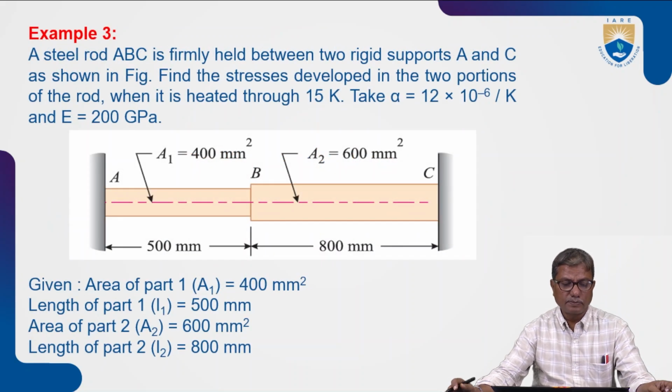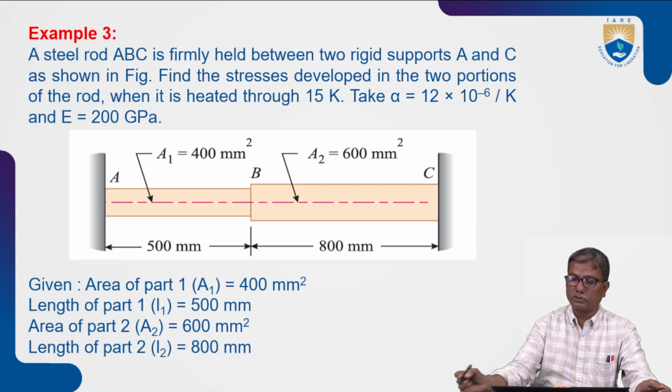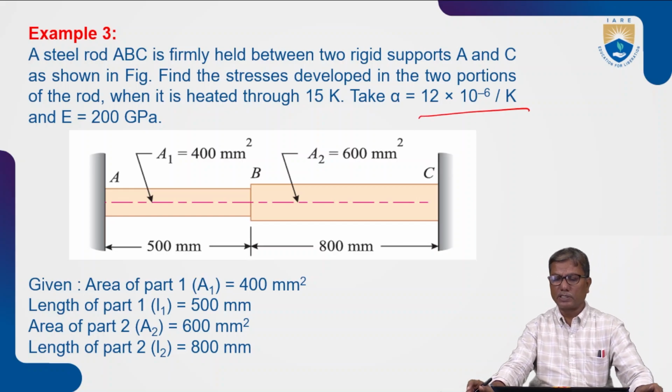Consider this example. A steel rod ABC is firmly held between two rigid supports A and C as shown. Find the stresses developed in the two portions of the rod when it is heated through 15 degree Kelvin. Take Young's modulus as 200 gigapascals and coefficient of expansion 12 into 10 power minus 6 per degree Kelvin.